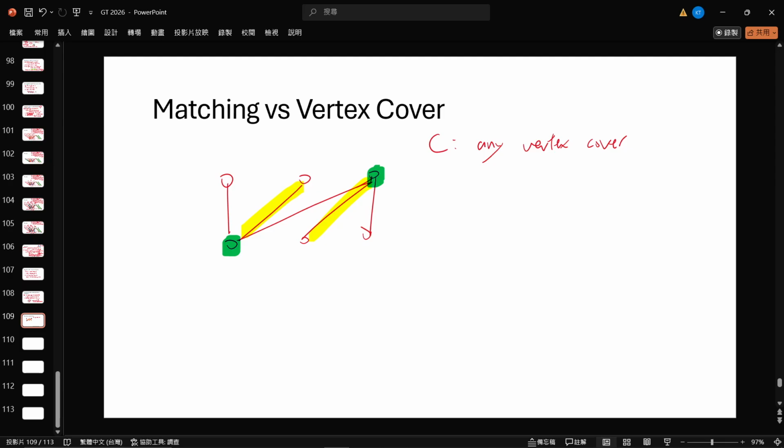This will be a vertex cover. And M is any matching. And once again, this is any matching, not necessarily the maximum matching. So for example, you can choose just 1 edge. So 1 edge itself is a matching.